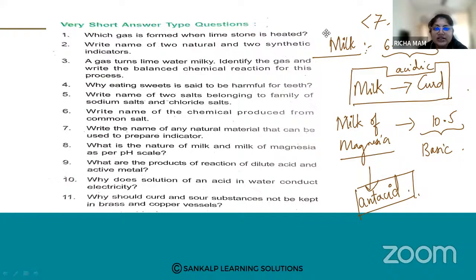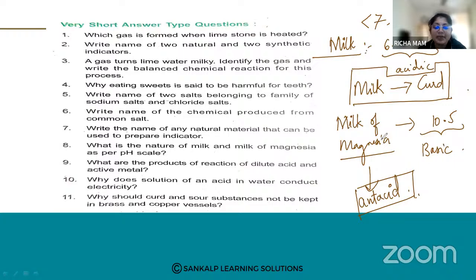So what is the difference between milk and milk of magnesia? Milk has a pH of 6.5 to 6.7, which is slightly acidic. Because of this acidic property, the milk can be converted into curd. Milk of magnesia is a substance obtained from magnesium.